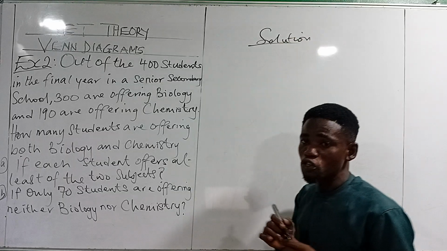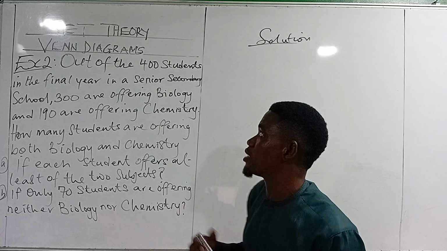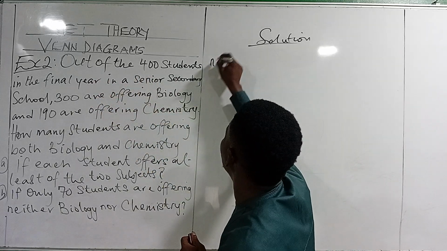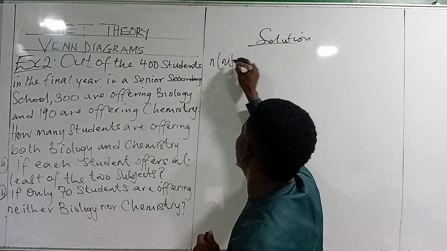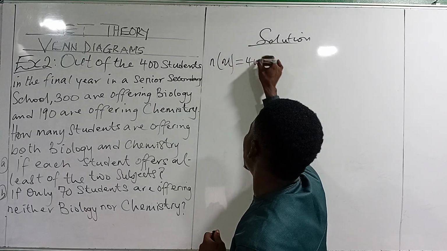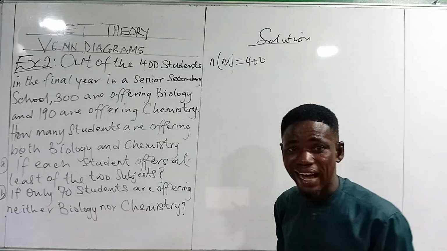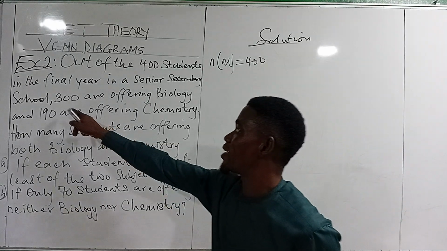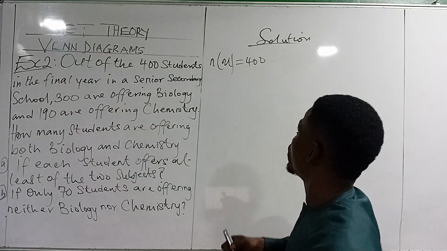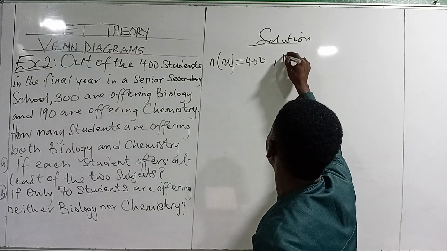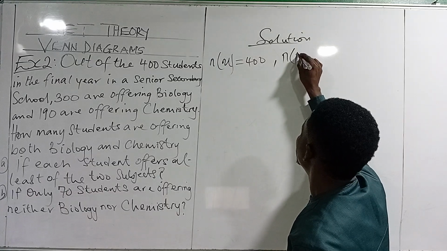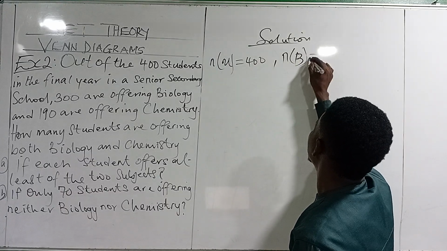So the first thing you do, you itemize everything out. So out of the 400 students, that is your universal set, the number of the students in that secondary school. We are told that 300 are offering biology. So n(B) equals 300.